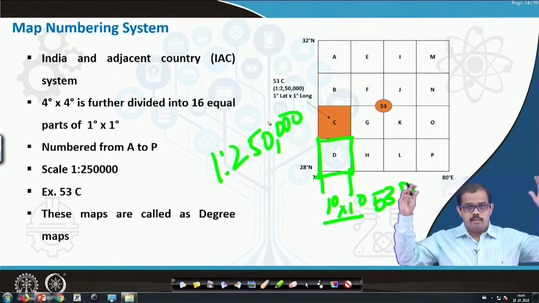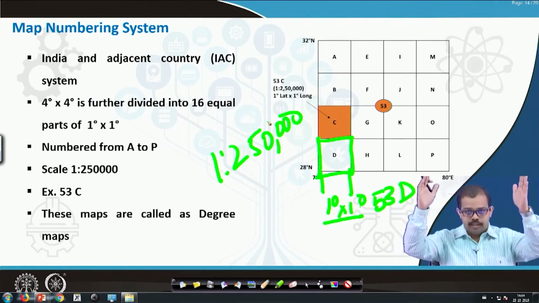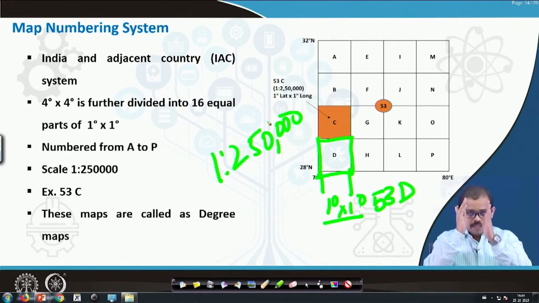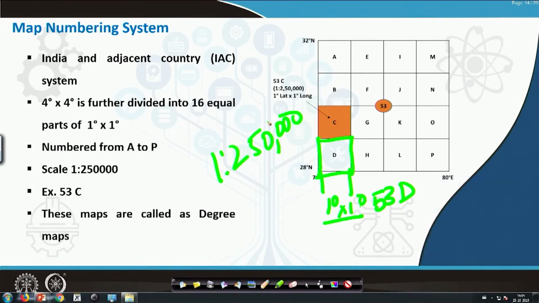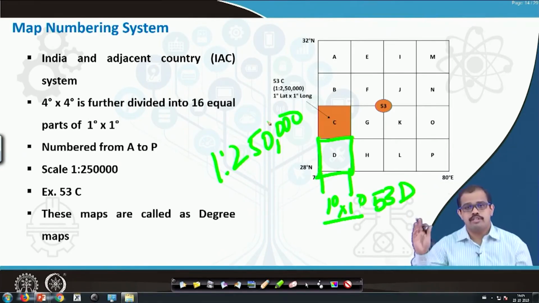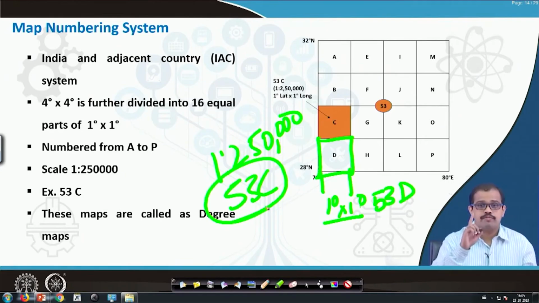Okay, now we have a 4 degree by 4 degree map, that is representing 1:1 million scale. Divide this 4 degree map into 1 degree by 1 degree maps, so you will have 16 boxes. Each box is representing a 1:250,000 map, that is 1 unit on the map is representing 250,000 units on the ground. If anyone writes 53C, it is representing a 1:250,000 map.